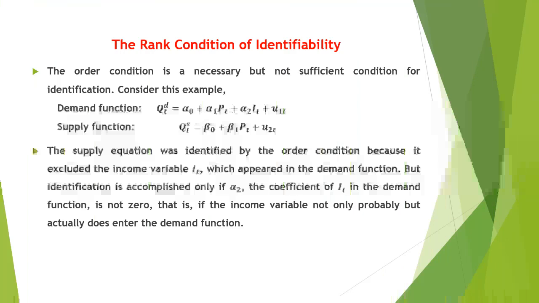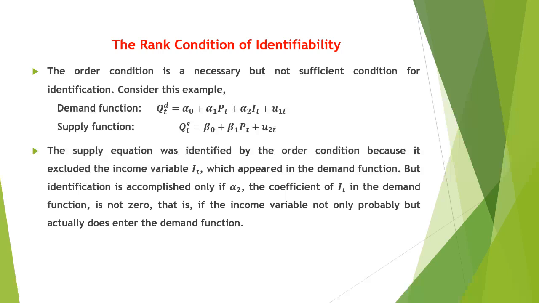The order condition is a necessary but not sufficient condition for identification. That is, even if it is satisfied, it may happen that an equation is not identified. Thus, in example 2 given above, the demand function is Qd equals alpha 0 plus alpha 1 Pt plus alpha 2 It plus U1, and the supply function Qs equals beta 0 plus beta 1 Pt plus U2.